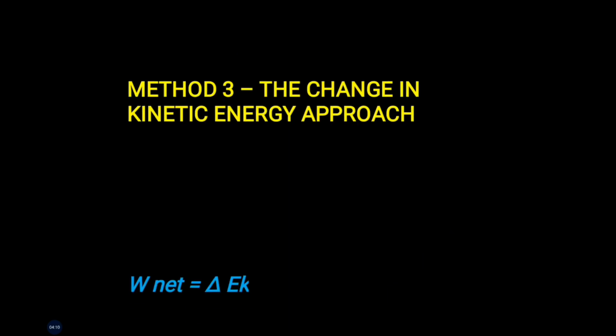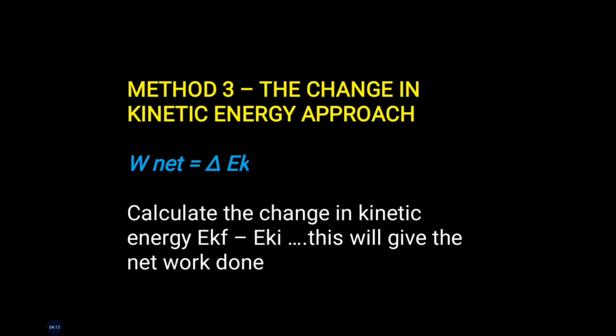The other approach is to say, well, the change in kinetic energy. If you see a question giving you two different speed values or two velocity values, then most likely you can calculate the change in kinetic energy of the object, and once you get that, you can equate it to the net work done on the object.